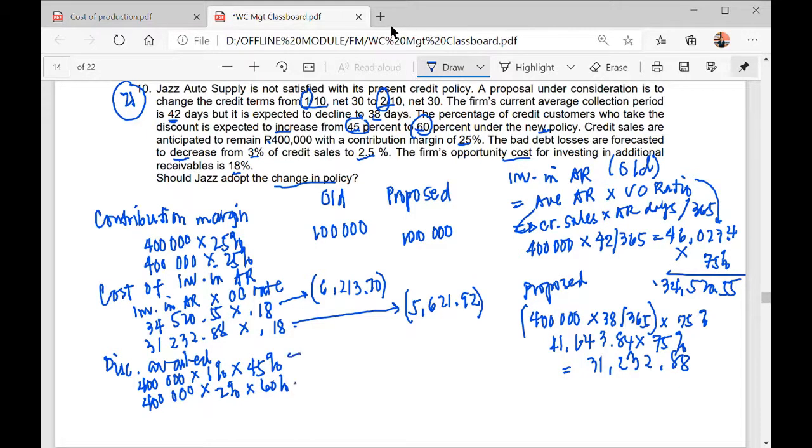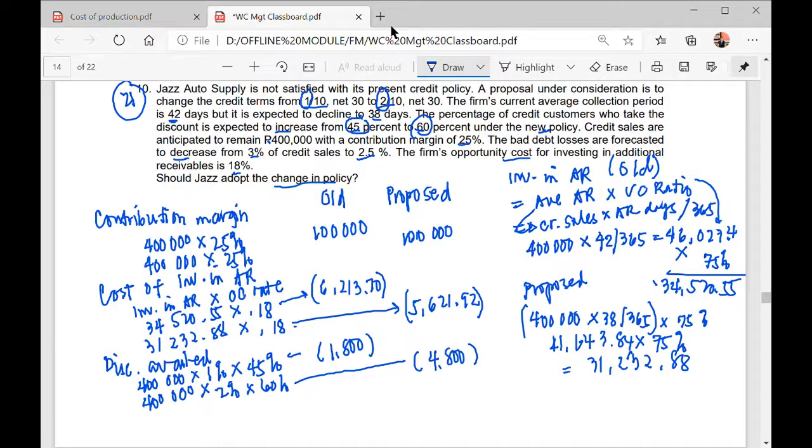Okay, so compute. So that's 400,000 times 1% times 45%. That's 1,800. And then we have 400,000 times 60% times 2% is 4,800. Okay. Mo na ba na?